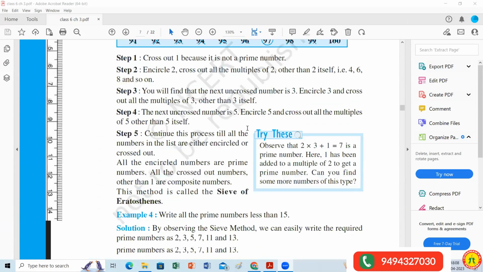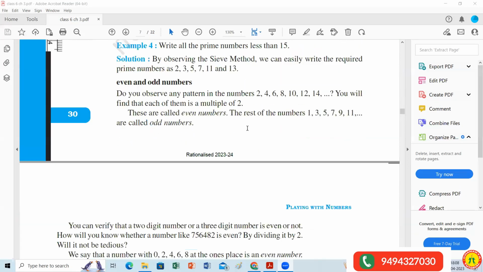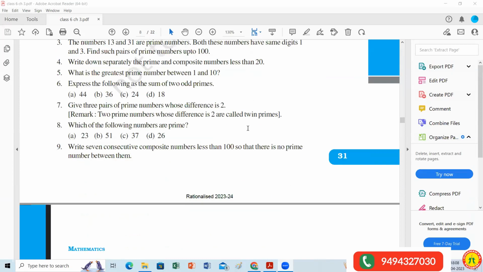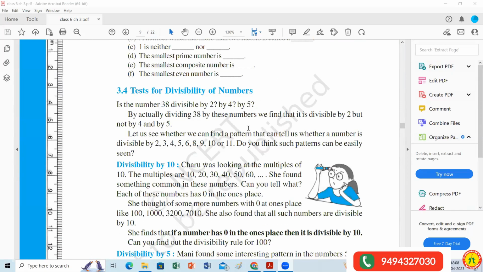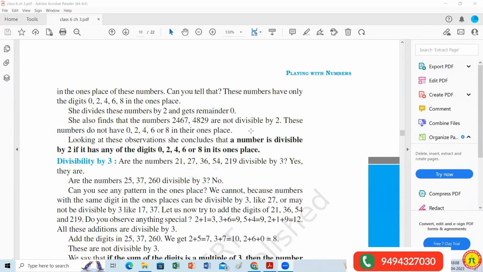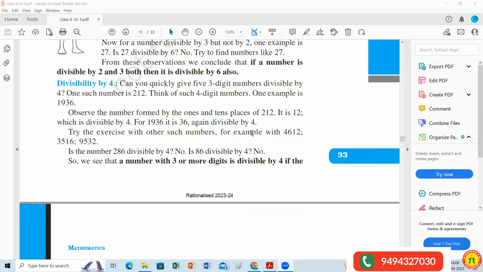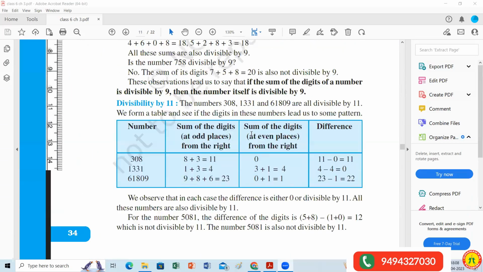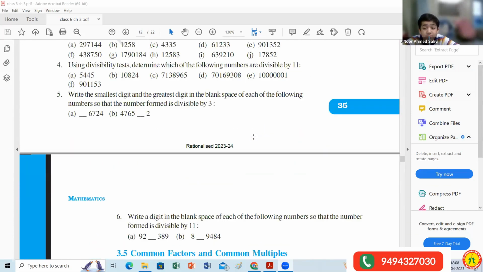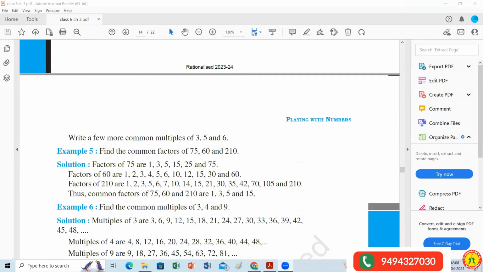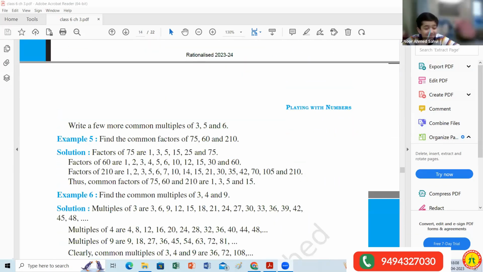What is the least prime number? Noor, are you there? What is the least prime number? Ma'am, 1. No, ma'am, 1 is neither prime nor composite. It's a special number.